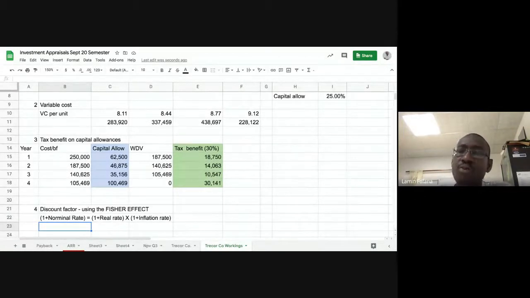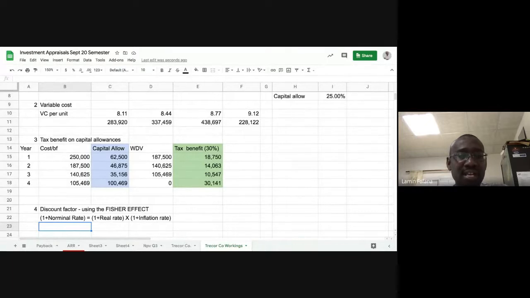Like I said, we always use the nominal cost of capital rate to discount our projects. It's not given here. So according to the Fisher effect, 1 plus nominal rate is equal to 1 plus real rate multiplied by 1 plus inflation rate.